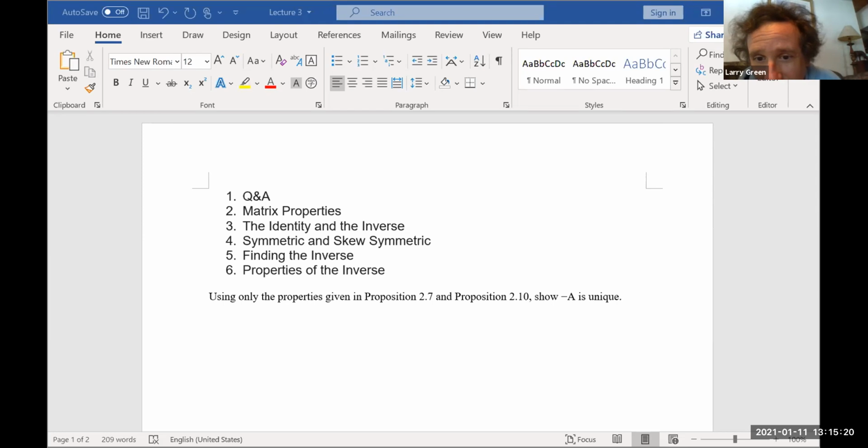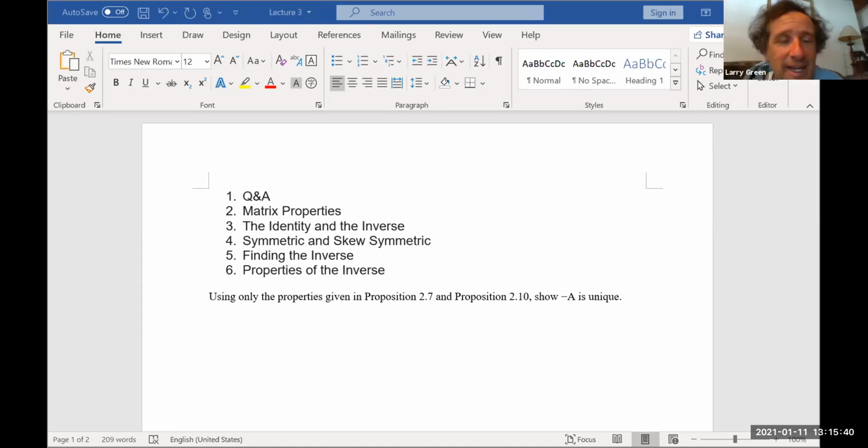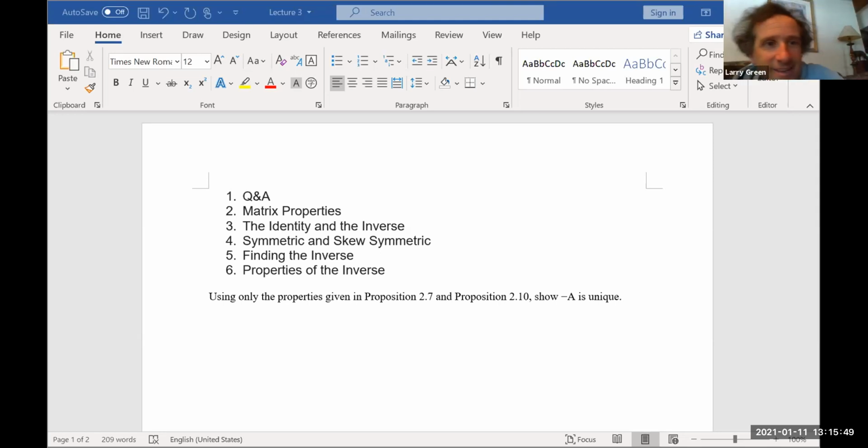No, that didn't work. Sorry. There is no clicking Proposition 2.7, so now I have to go find it. I tried that. That was not good. So let's do it this way. No, wait, Larry, click on the 2.7 or the 2.10 specifically. You have to do that in the index, which I'm doing now. But I tried to do it in the question itself. And that didn't work.